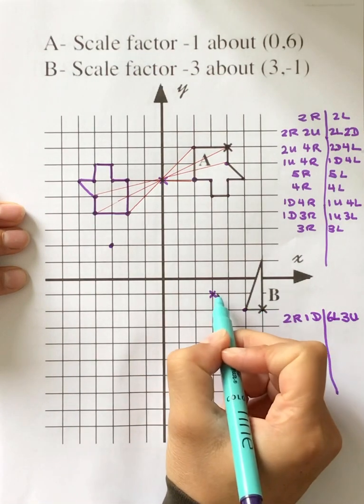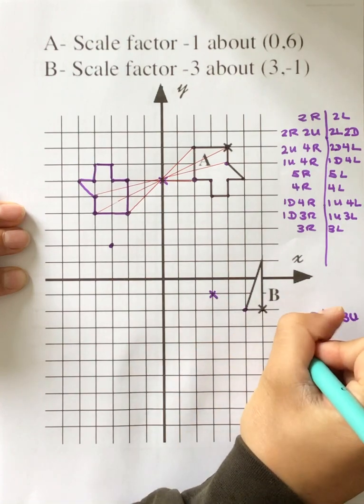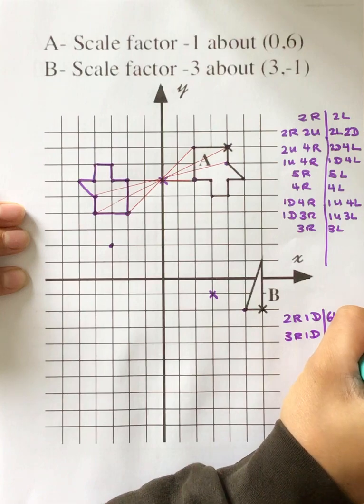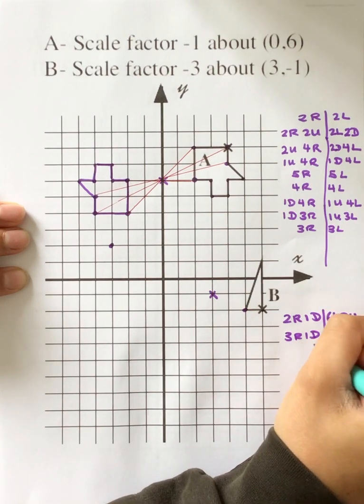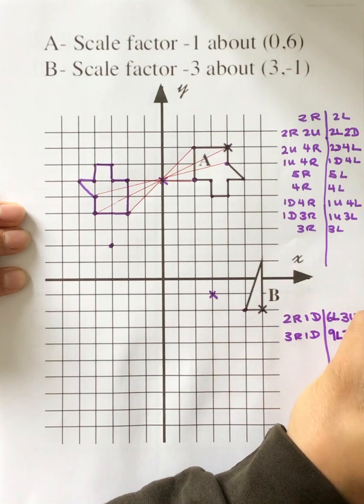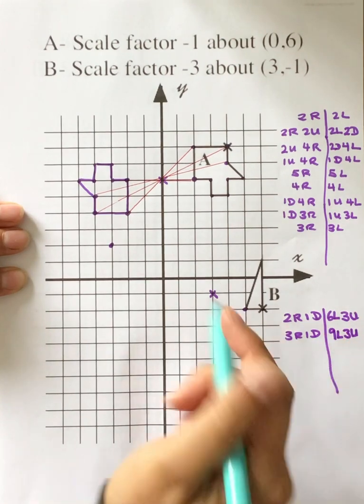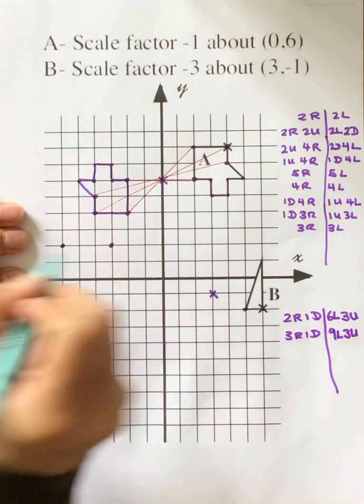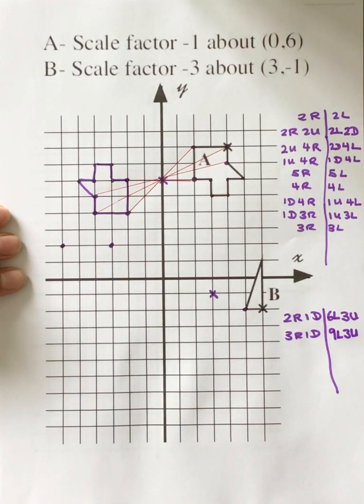This corner here is 3 right and 1 down. So when I times that by 3, that will give me 9 and 3. And when I change the directions, it will give me left and up. So I need to go 9 left and 3 up. So my new corner will be here.